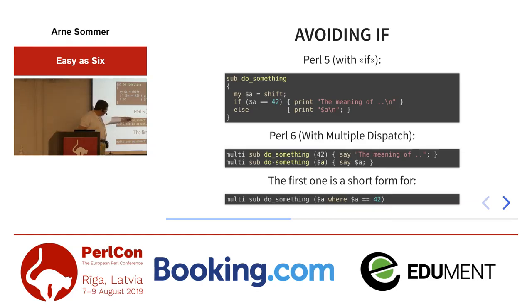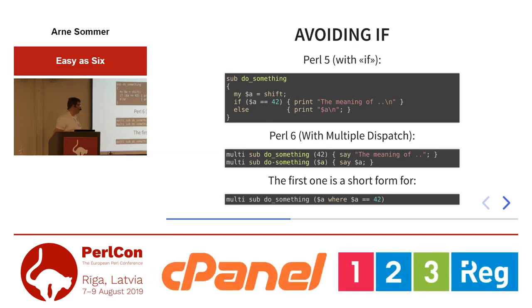The first one here, with just a hard-coded value, is a short form for that one. Just a hard-coded value is perfectly all right if you are fine with losing the variable. If you need the variable for something, you of course cannot do that.